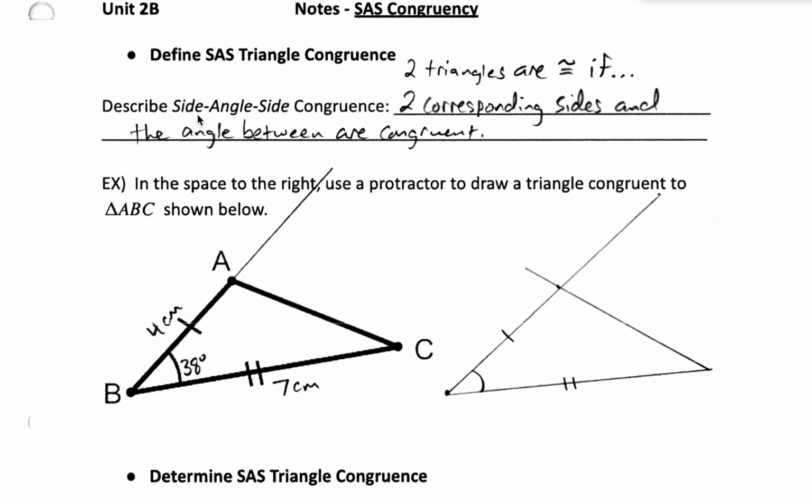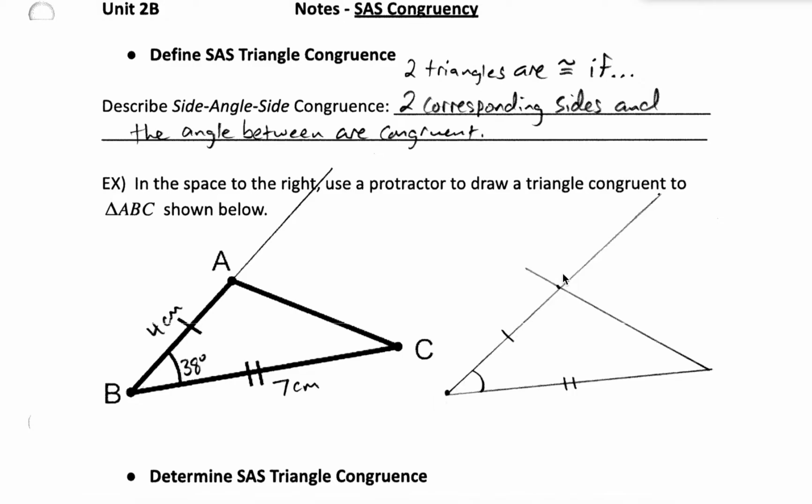So to use side, angle, side, I really only need to know that these three pieces are corresponding and congruent on another triangle, and the rest of these unknown measured pieces are going to magically fall into place and be the exact same. So over here what I did is I measured a base length of 7 centimeters. I then measured an angle opening about 38 degrees.